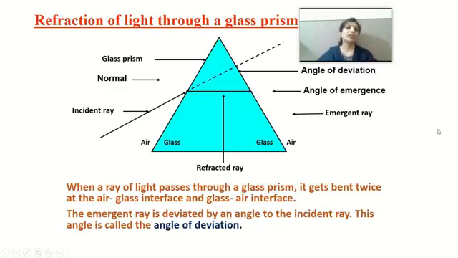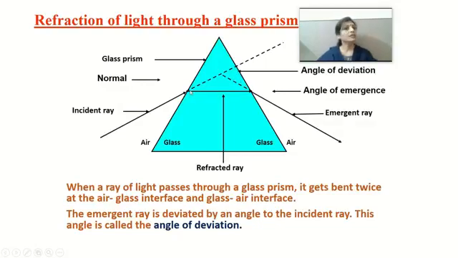So now the light will travel like this when it comes out from glass to air medium. This ray of light is called the emergent ray. Now if I extend this emergent ray backward, you will observe that the incident ray and the emergent ray intersect each other at this point and form one angle.